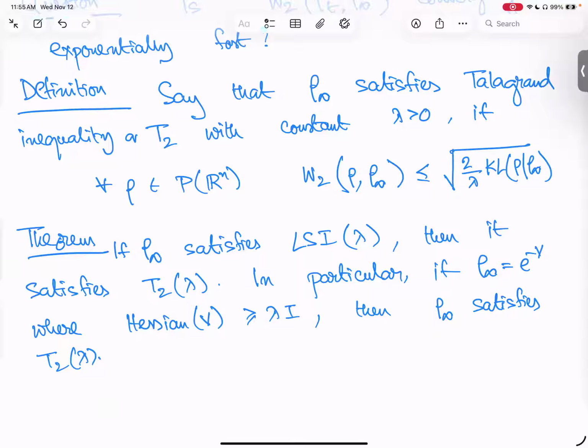So in particular, all of these multidimensional Gaussian random variables, as long as you have a strictly positive definite covariance matrix, will satisfy Talagrand inequality. So if you are trying to compute a W2 distance of some probability measure with respect to some multidimensional Gaussian, what you really have to compute is the square root of the Kullback-Leibler distance, or relative entropy, with respect to this Gaussian. And with this eigenvalue constant, that will always give you an upper bound.